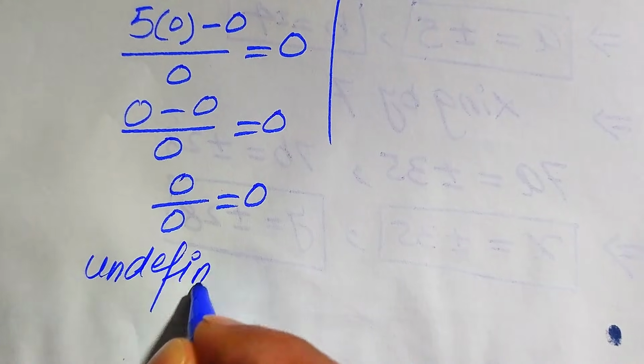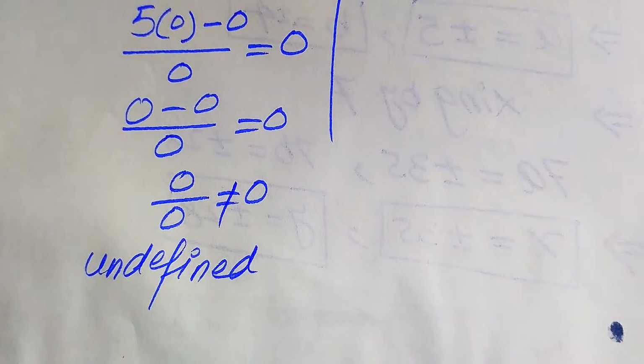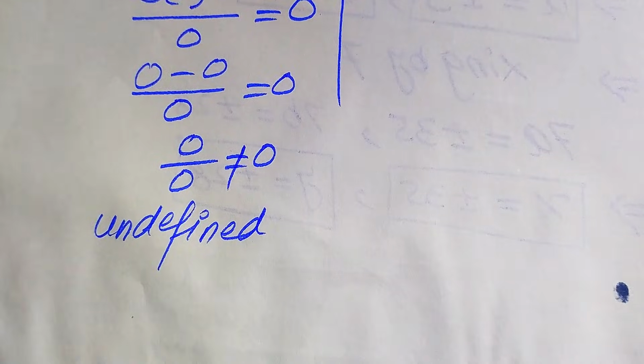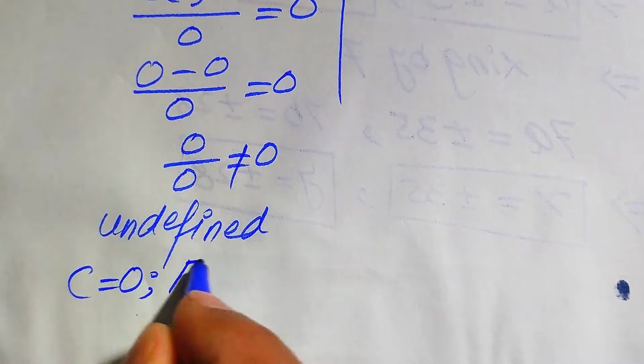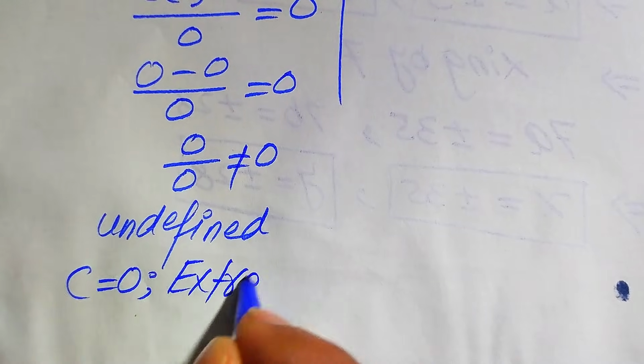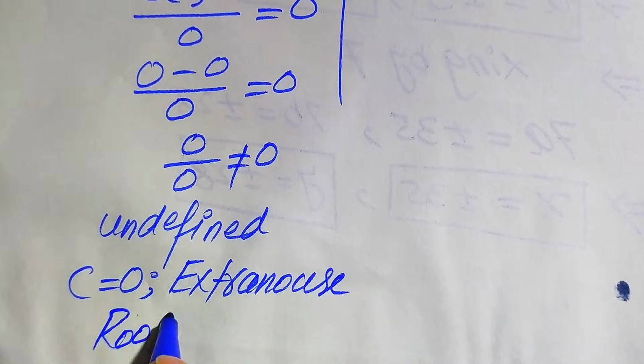If our left hand side is undefined, this means that both sides are not equal, and this concludes that c equals to 0 does not satisfy our given question statement. So we call c equals to 0 the extraneous root of the given equation.